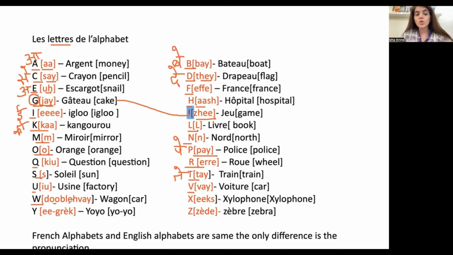W is W, W, W. X is X, X, X. Y is Y, Y, Y. Z is Z, Z, Z.